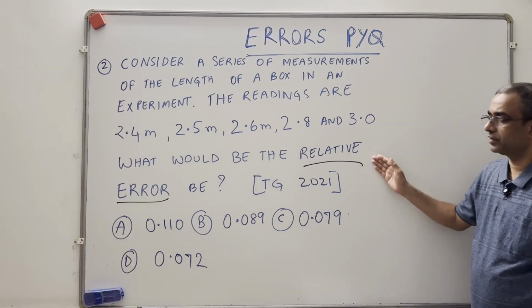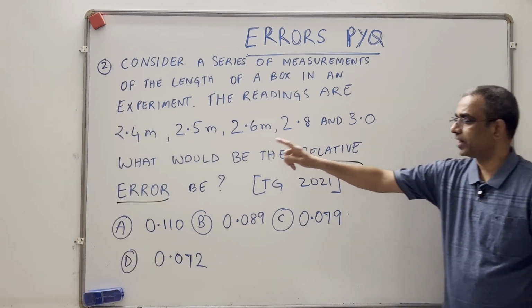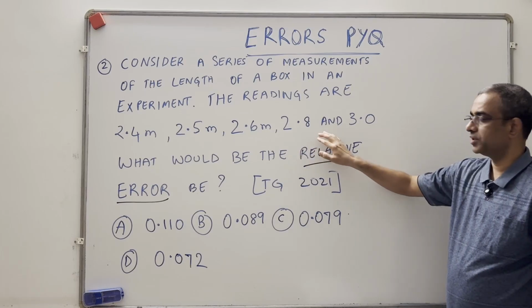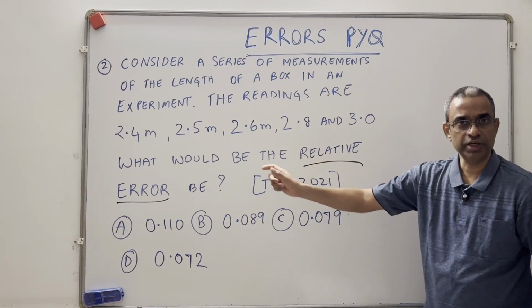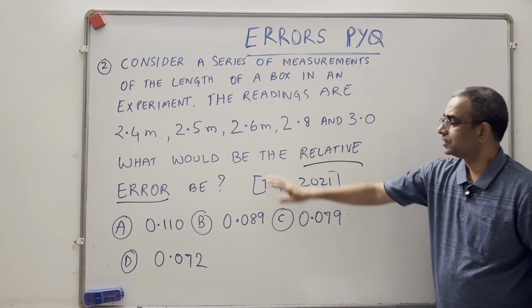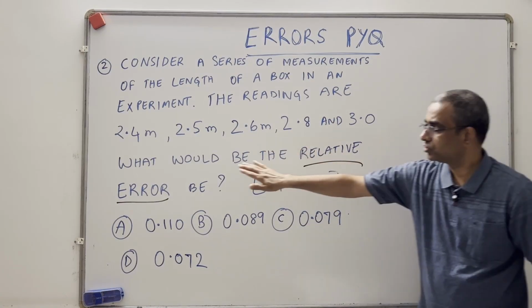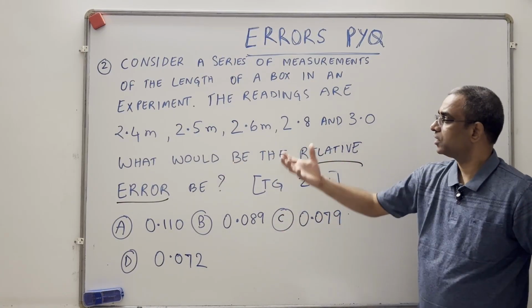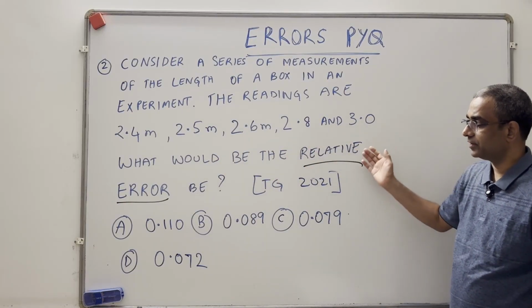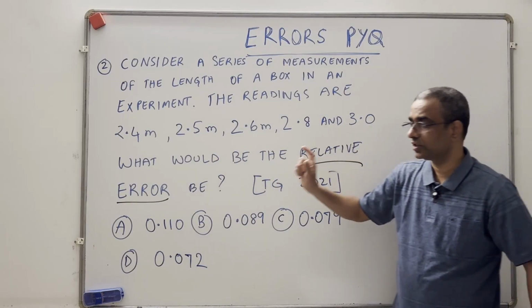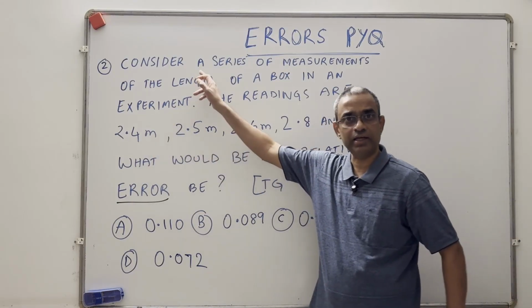How do we find the relative error? What we do is we find out the absolute error in each measurement. Now what is absolute error? The difference from each reading with the actual reading. The actual reading is not given here, so the actual measurement would be the average of all these measurements. So we average this, and then what is the difference between each measurement and the average?